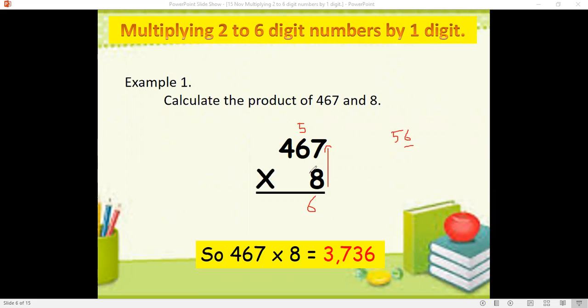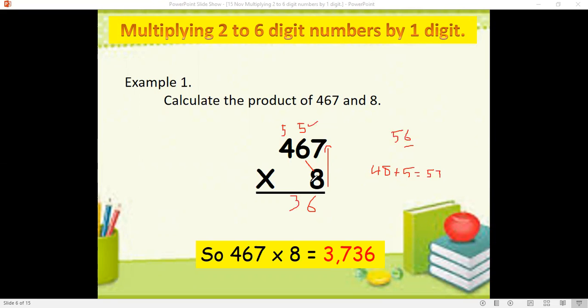So then the next thing we're going to multiply is 8 times 6. What is 8 times 6? 8 times 6 is 48. Then you're going to add 5. All right? 48 plus 5 is 53. So we are going to write 3 here. And again, we need to carry above 4.